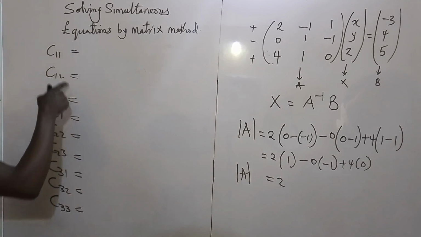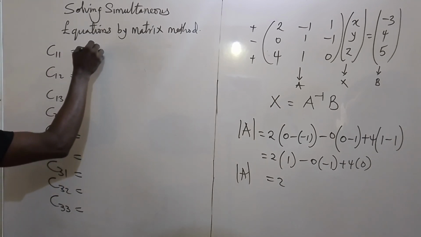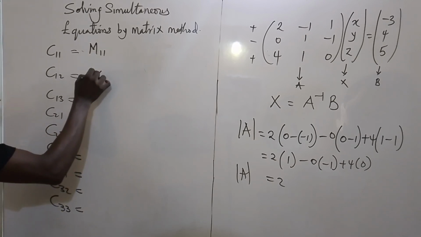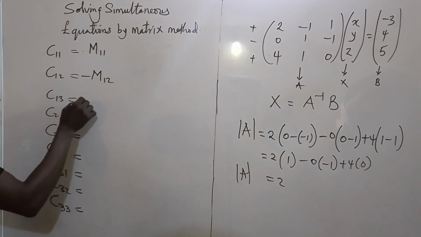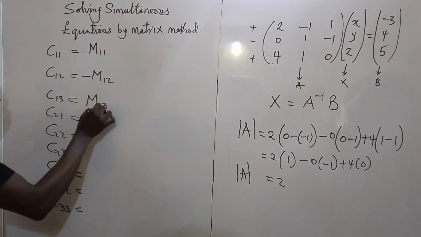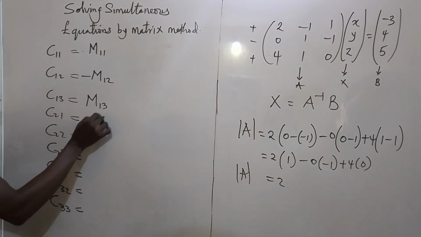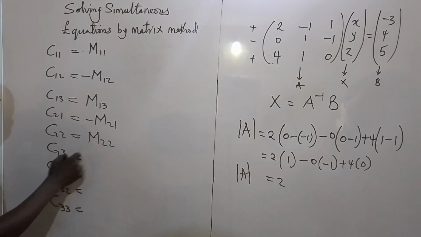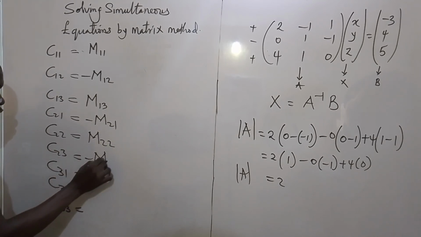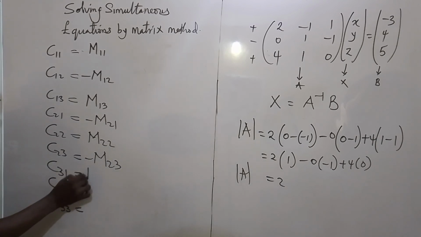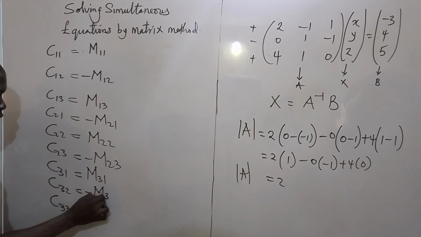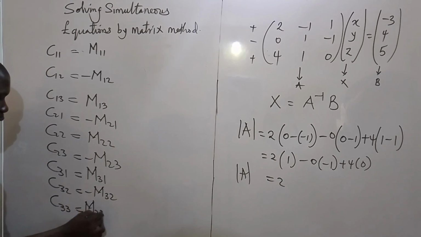The sign conventions: plus M11, minus M12, plus M13, minus M21, plus M22, minus M23, plus M31, minus M32, then plus M33.